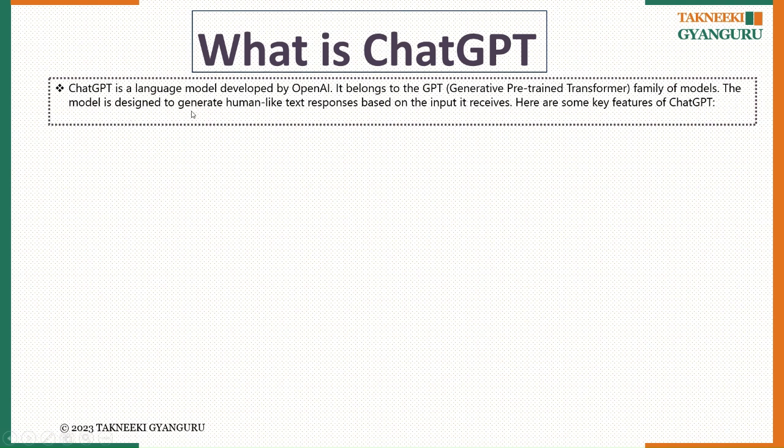The model is designed to generate human-like text responses based on the input received. It is a predefined model, so it generates the text based on the input. It is already pre-trained, so based on the algorithm or the patterns it learned, it gives the response.